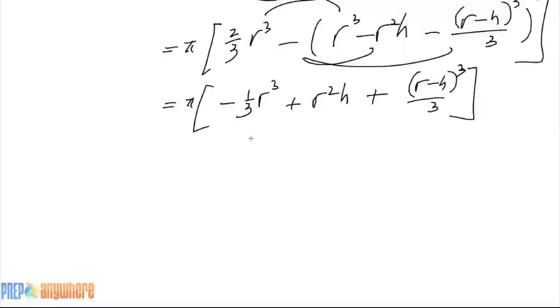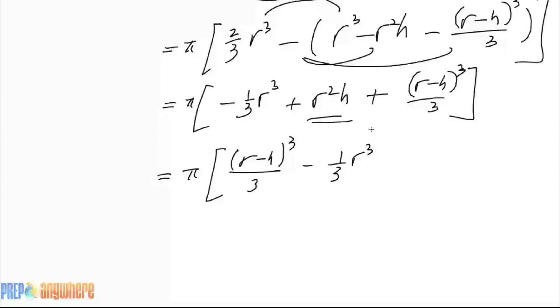Now let me line it up like this. Let me put these beside each other like this: r minus h, cubed, over 3, minus 1 over 3 r cubed, and put this at the back. So why am I doing that? What am I seeing here? I see something, that's why I'm doing this. Well, this is all over 3 now.